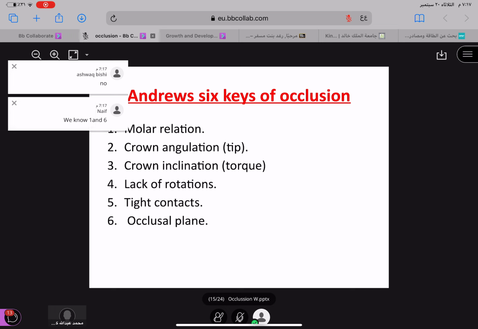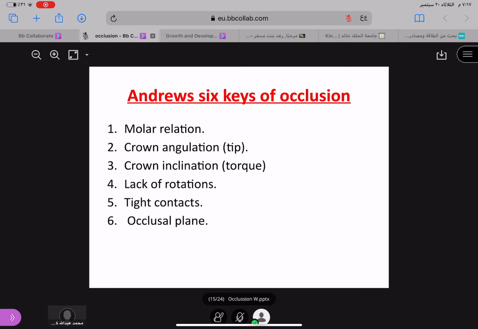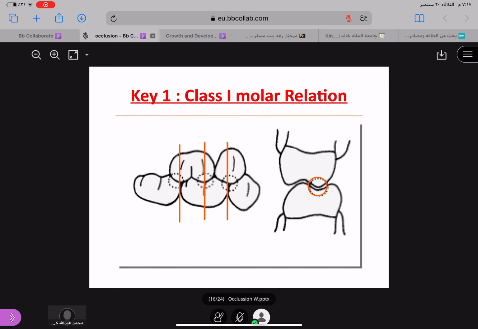Okay. So what are these keys? The first key is molar relationship. We should know how the molar should look in a normal occlusion. The molar should be in class 1 relationship. What is this relationship? As you can see here in the picture, the mesiobuccal cusp of the maxillary first permanent molar should coincide with the buccal groove of the mandibular first permanent molar.